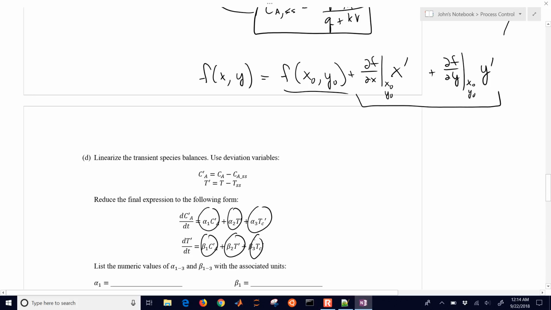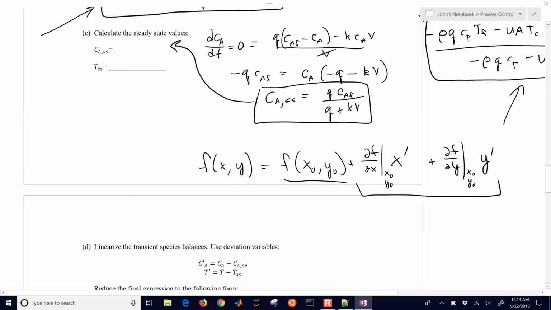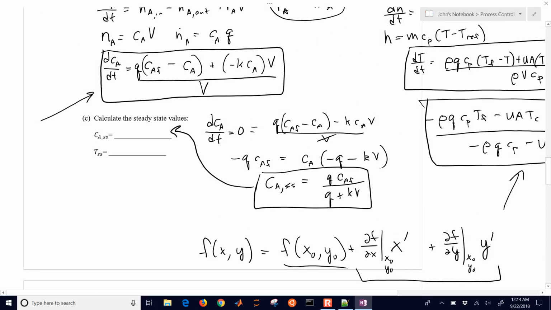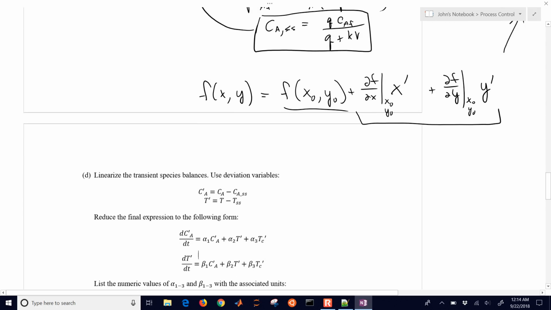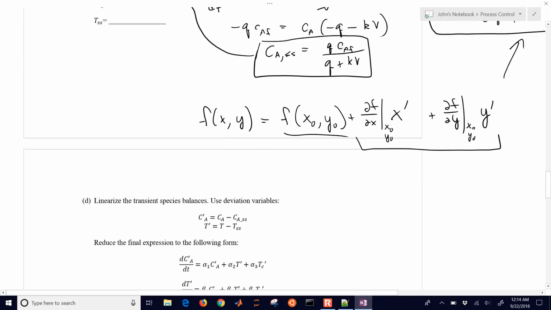So we just have to take the partials of those with respect to each of the variables, and that becomes our alpha 1, alpha 2, and so on. So let's just do that. We have the first one is CA, the second one is temperature, the third one is TC.